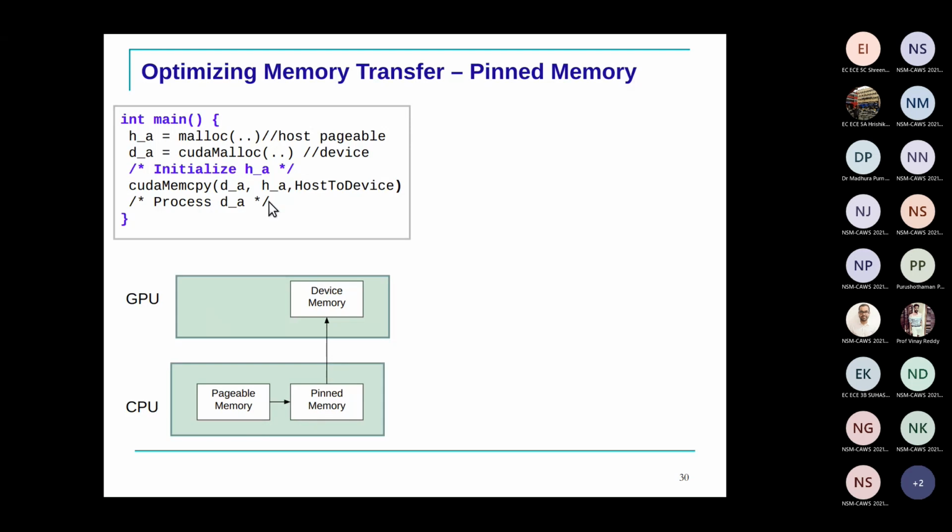When you write cudaMemcpy, this is how the data transfer will take place. So now you can see that clearly there is some amount of redundant data transfer. There is first a data transfer from pageable to pinned, and then from pinned to device memory. So one optimization to improve the data transfer is to exploit the pinned memory.